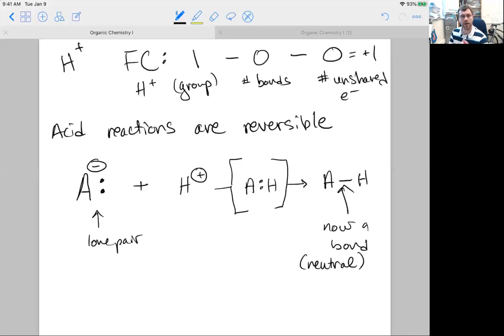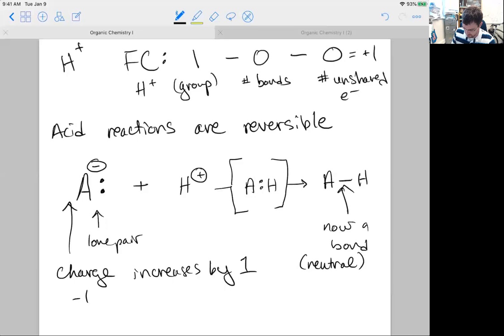What we saw in the case of NH3 reacting with H plus is that the nitrogen charge went from 0 to +1. Anytime something reacts with H plus, its overall charge and its formal charge in the atom both increase by 1. So charge increases by 1.